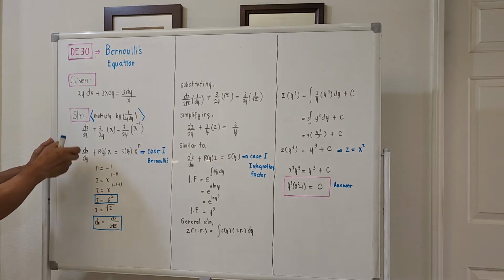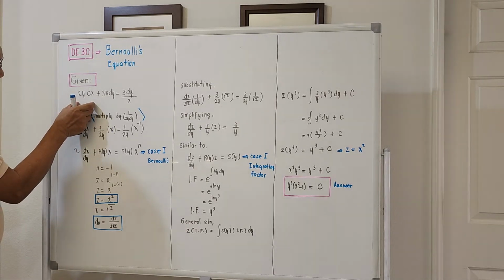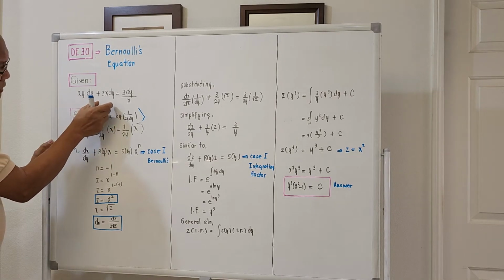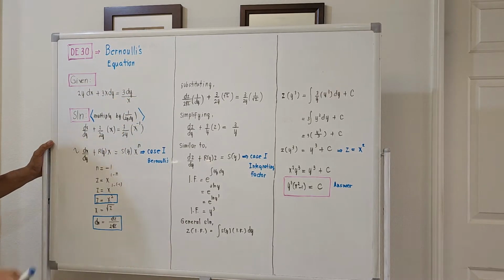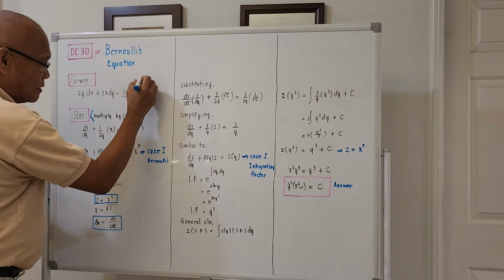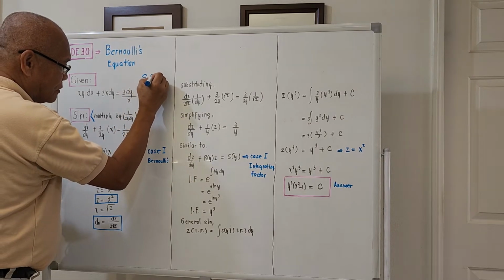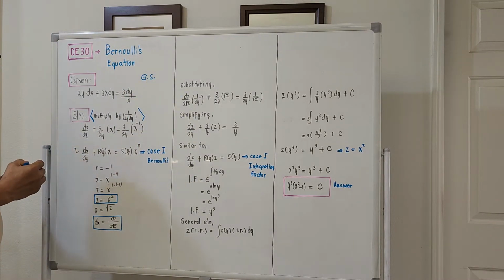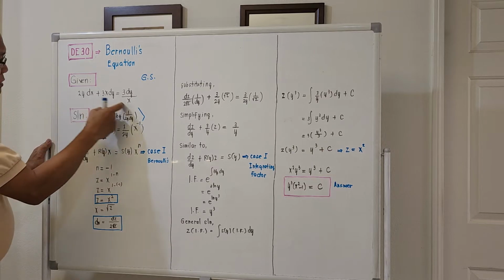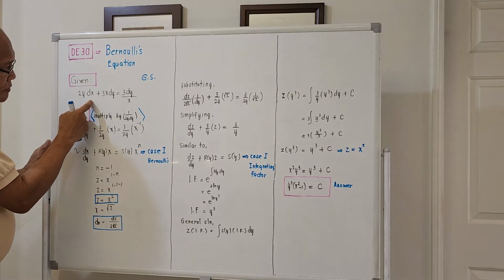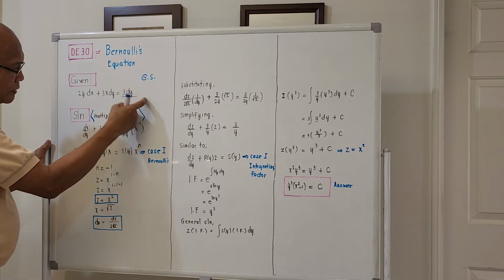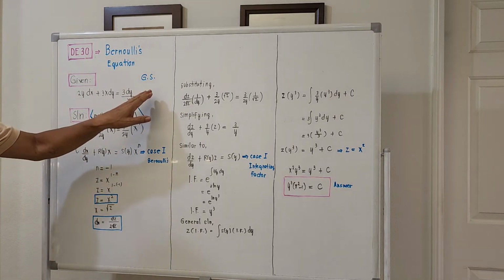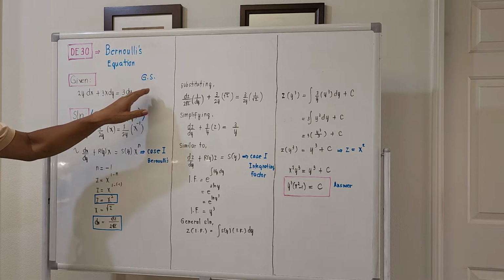We are given a problem that is 2y dx plus 3x dy equal to 3 dy dx. The problem is asking for the general solution.